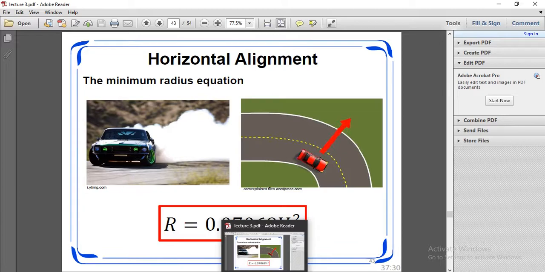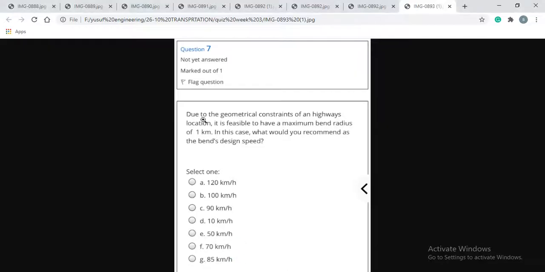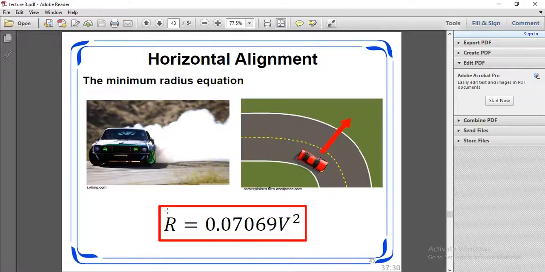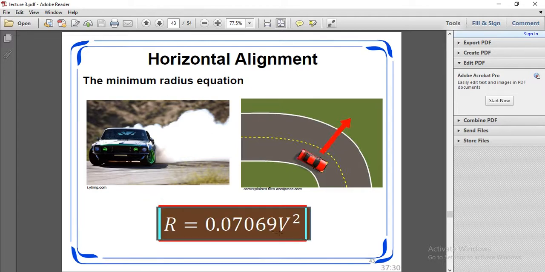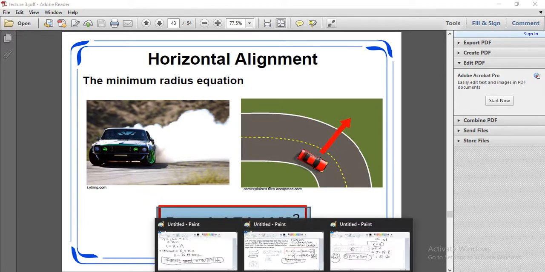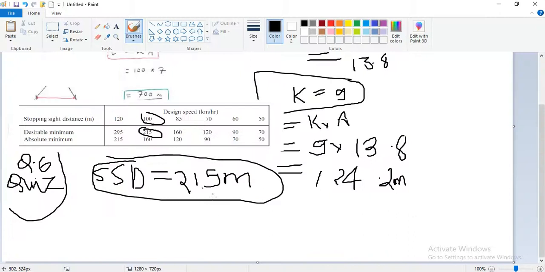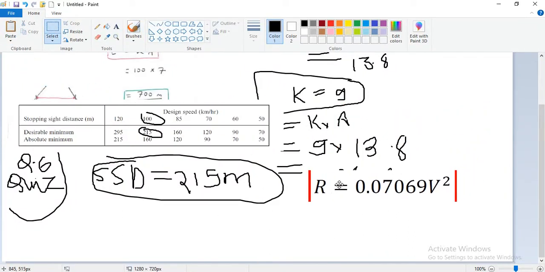We have the minimum radius equation, with a radius of 1 kilometer, the maximum bend. We have this formula with us: R is equal to this much V square. Just use this formula now.